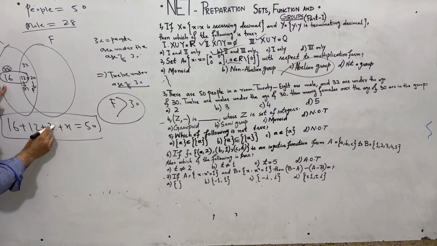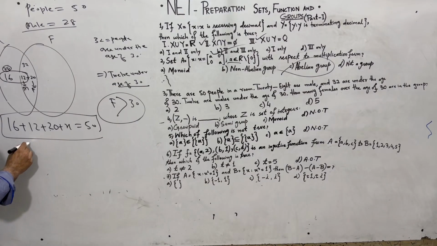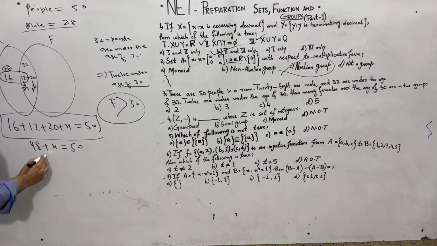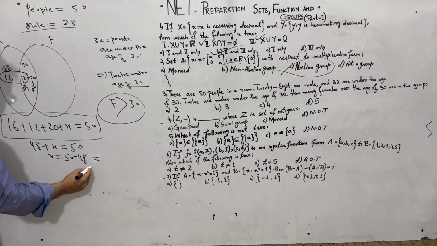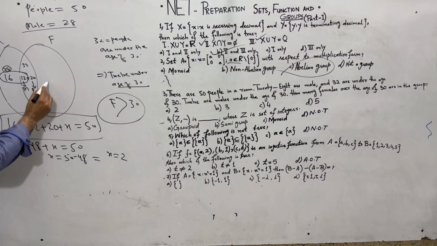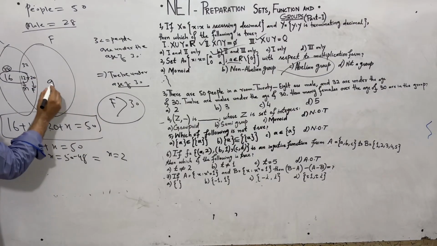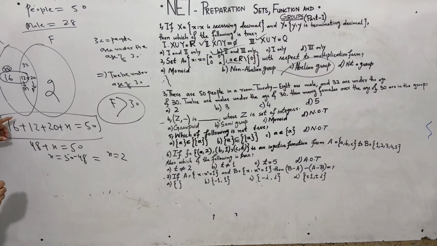Adding them, 16 plus 12 is 28, and it becomes 48. 48 plus x is equal to 50, so x is equal to 50 minus 48. So there are only two females that are over the age of 30.